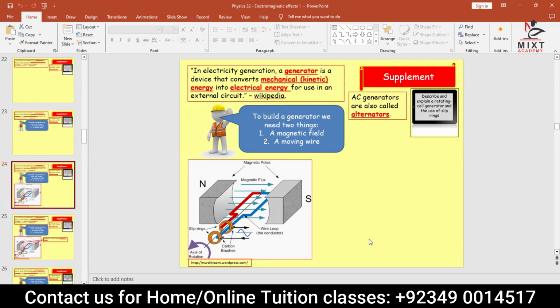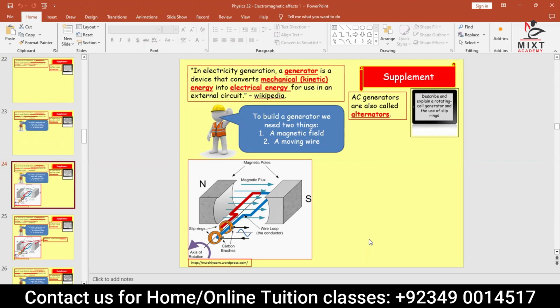This is your generator. It's the same thing, 101% same, no difference at all. Shape is same, body is same, except one thing. Instead of input as an electric connection, there is a mechanical connection, or nowadays gas is used as an input.